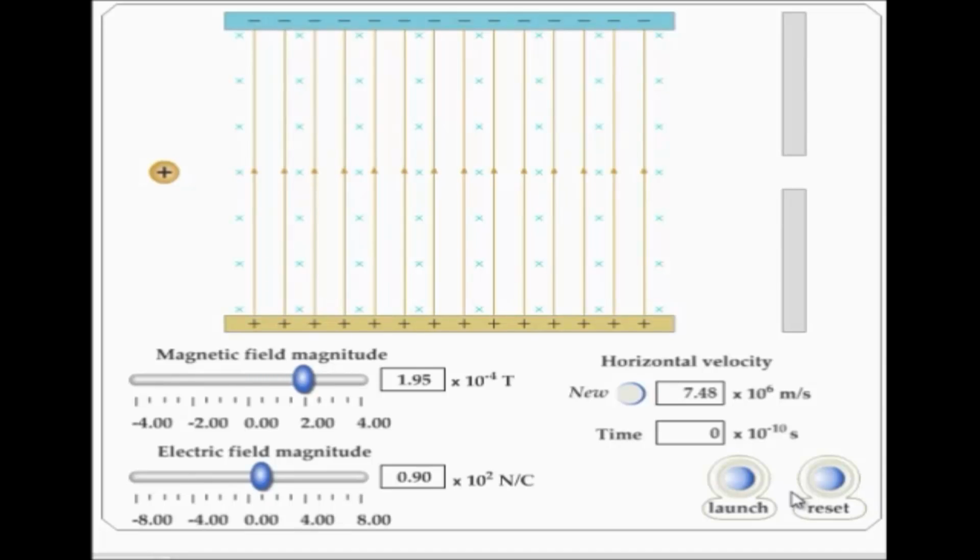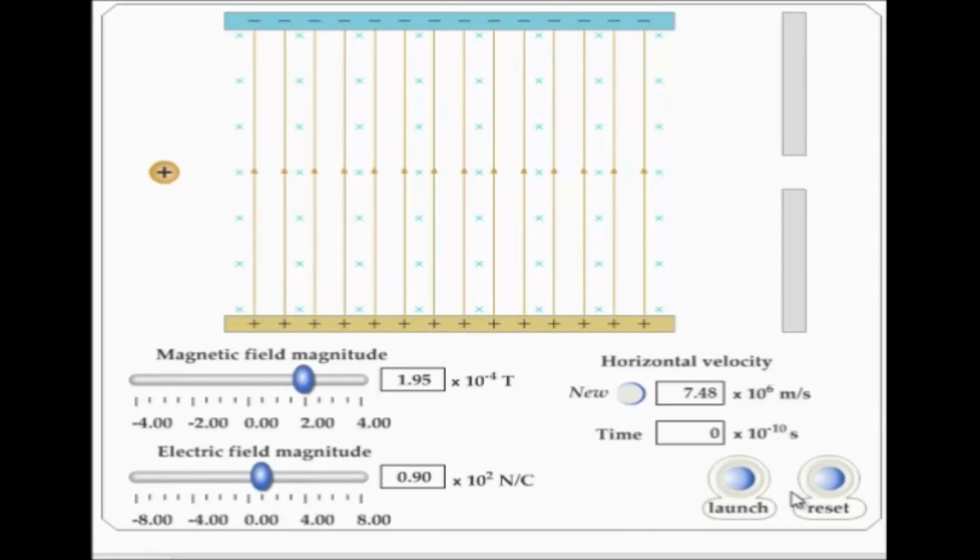So the slit, which is not far from this region, allows only forward particles of a definite value of velocity, equal to E over B, to pass.